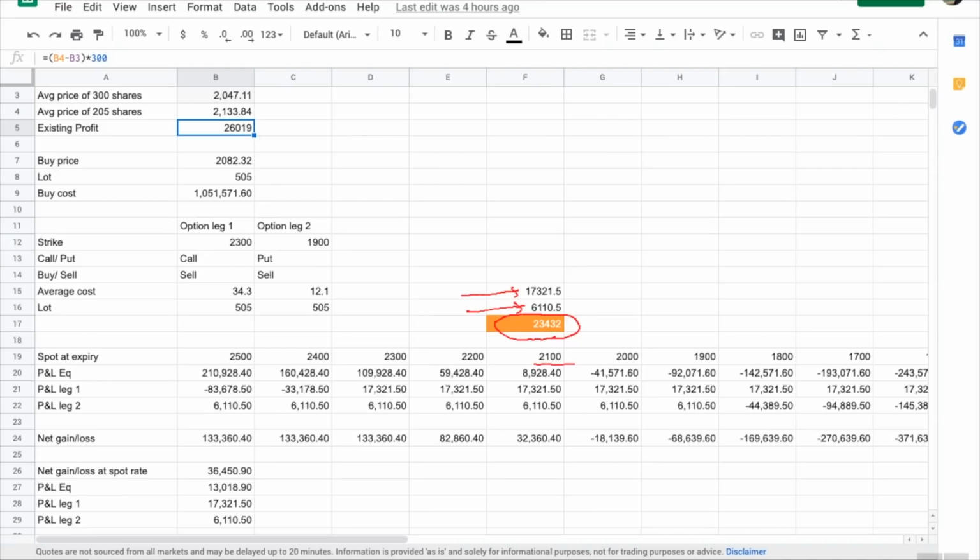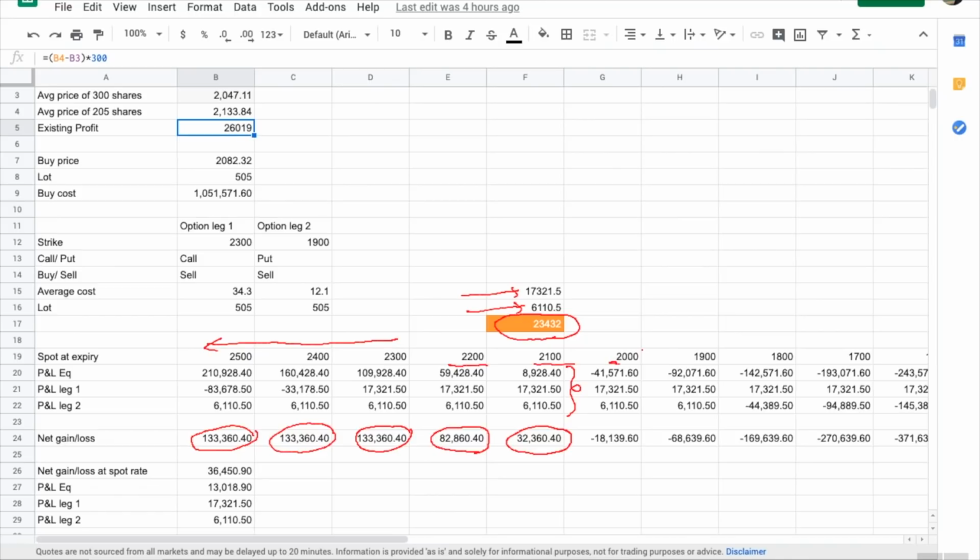If the price ends at 2100 at expiry, I make a profit of rupees 32,360.4, which is the sum of the profit loss in the equity holdings, call leg, and put leg. If the price ends at 2200, I make a profit of rupees 82,860.4, and if the price ends at any price above 2300, I make a profit of rupees 1,33,360.4.